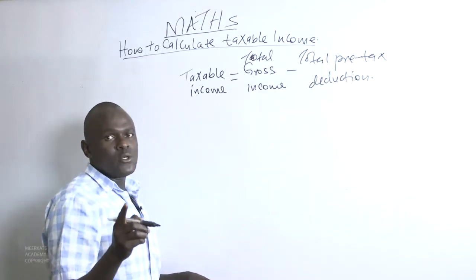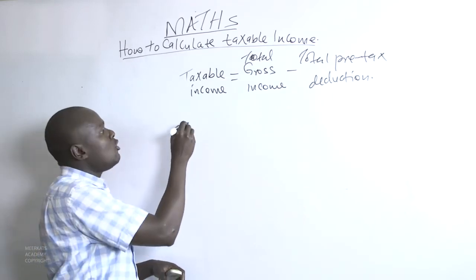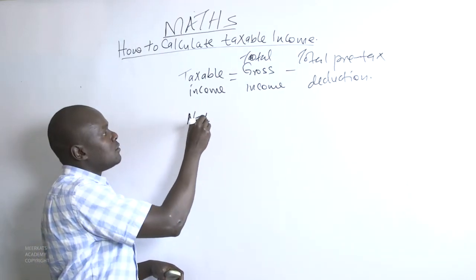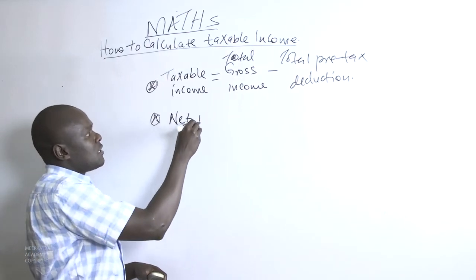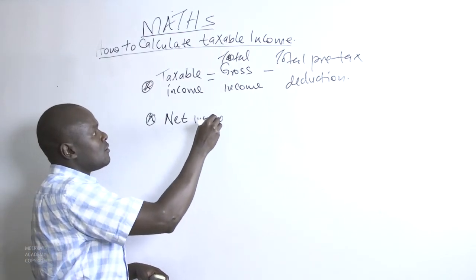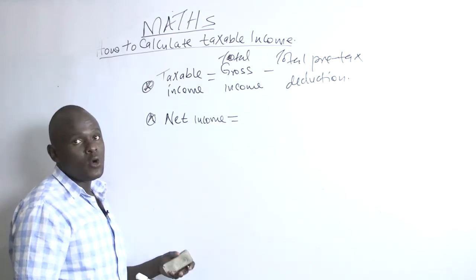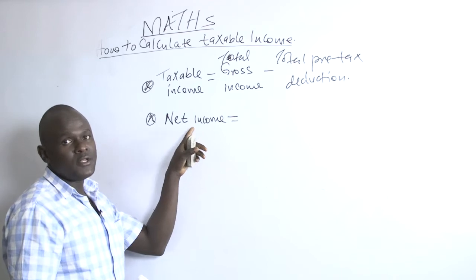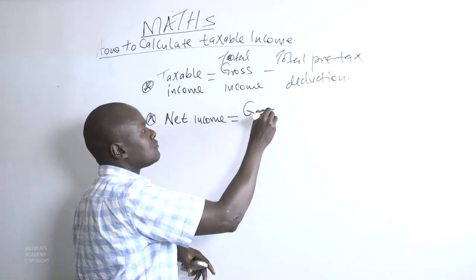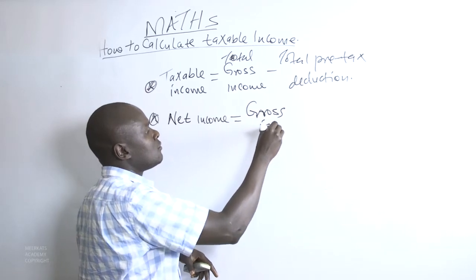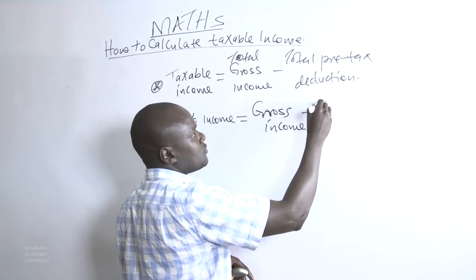And you remember we also had another one in our previous lessons where we were looking for the net income. These are two different cases. I hope you remember how we calculated the net income. The net income was equal to gross income minus total deductions.